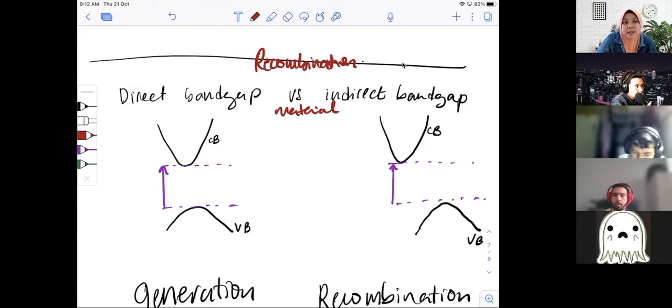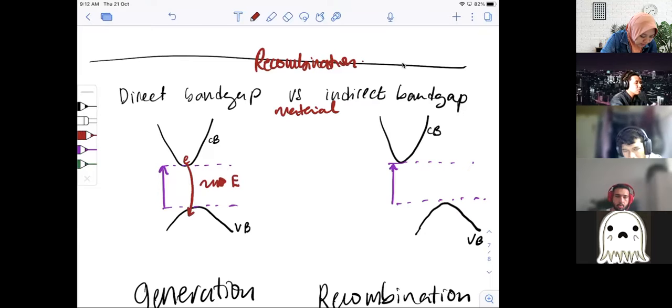For the direct band gap material, if an electron recombines with the hole over here, it will release energy, and this energy is in terms of photon.